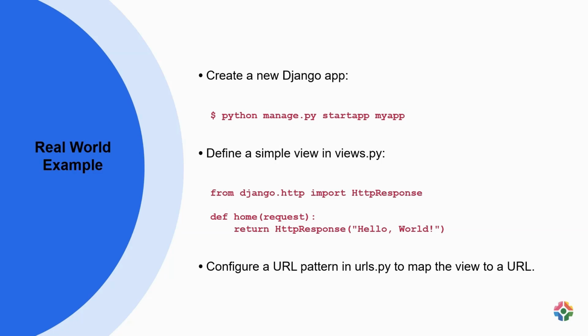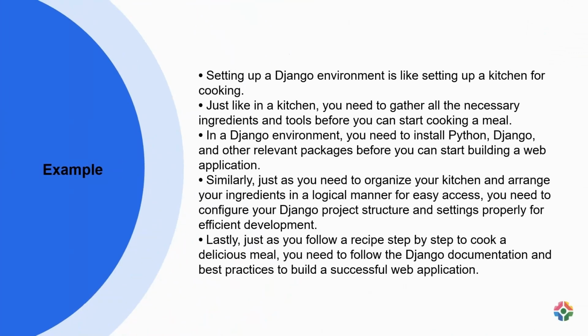Setting up a Django environment is like setting up a kitchen for cooking. Just like in a kitchen, you need to gather all the necessary ingredients and tools before you can start cooking a meal. In a Django environment, you need to install Python, Django, and other relevant packages before you can start building a web application.